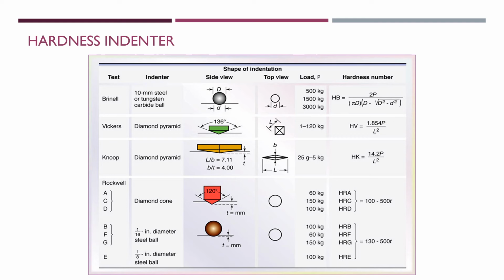It's actually the load that can be applied to the hardness test. So some material can withstand only 5 kilogram. If the material can withstand only 5 kilogram, what type of hardness test will you use?